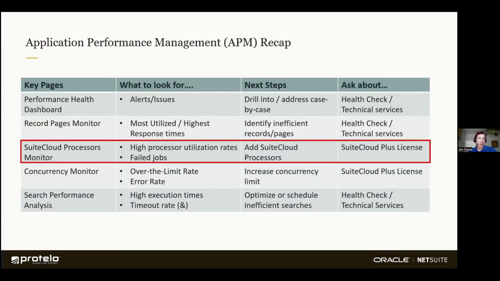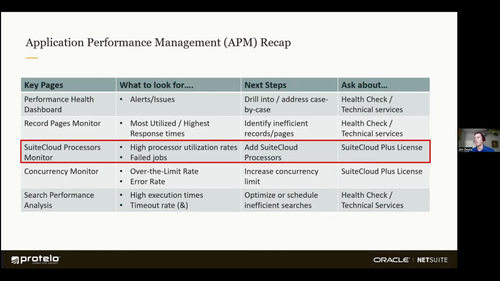The SuiteCloud Processors monitor is used to analyze the performance of your SuiteCloud processors, which are responsible for those MapReduce and scheduled scripts, along with CSV import jobs. So here, you can really see how those individual processor utilization rates are driving the system, and if there are any bottlenecks that could lead to extended wait times, long job queues, failed jobs.